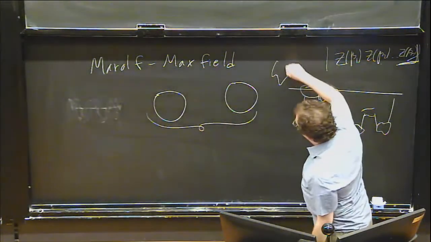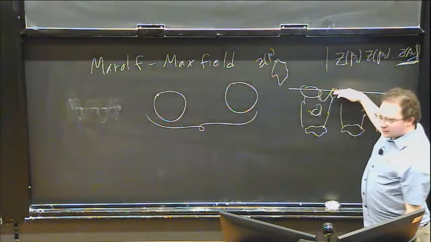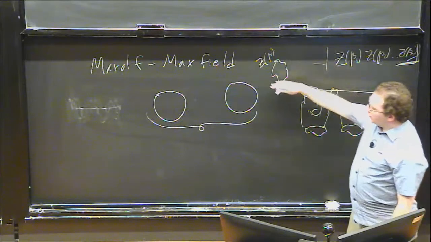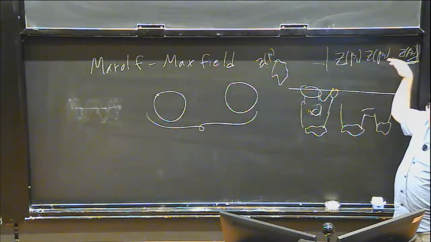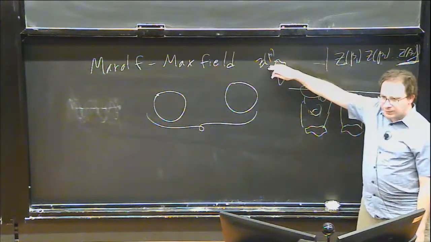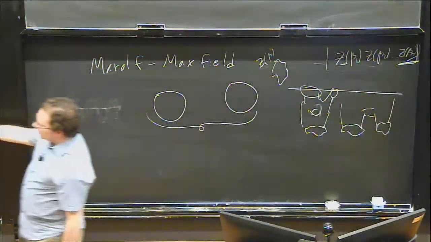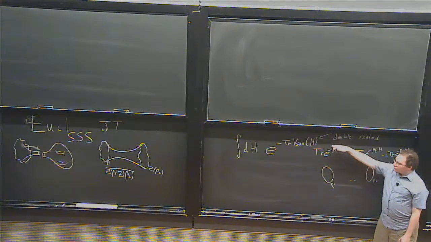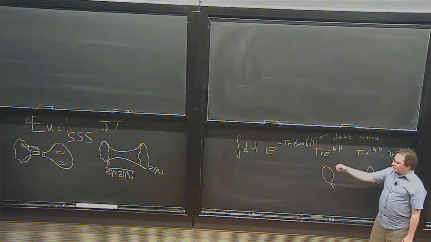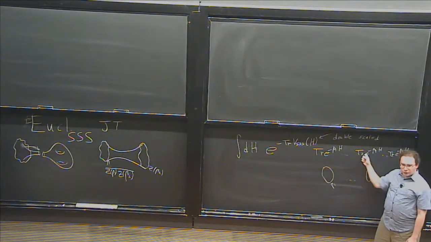You can put here another Z of beta acting on this state, and that gives you another state. So we can also think of Z of beta as operators that act on this, and we can try to diagonalize this operator Z of beta in this Hilbert space. But it's clear because of the structure of this answer that the states that would diagonalize it are the ones which are a single instantiation of the H, because then it will make the operator Z of beta just be this, which is a number.